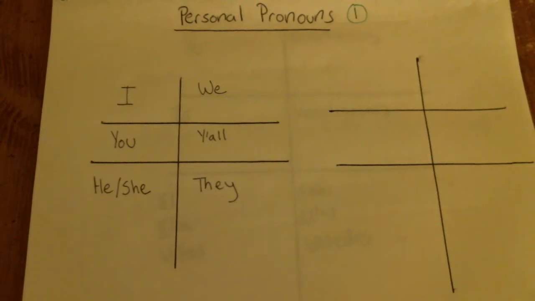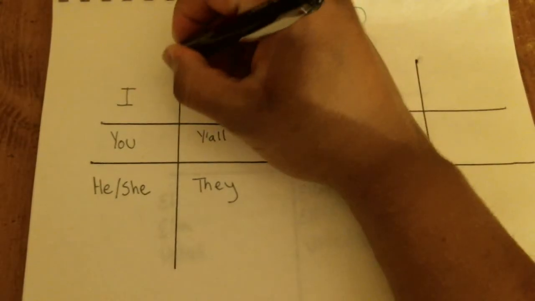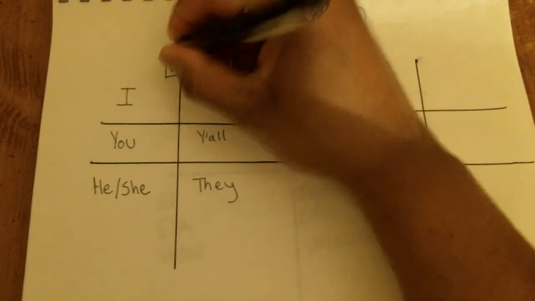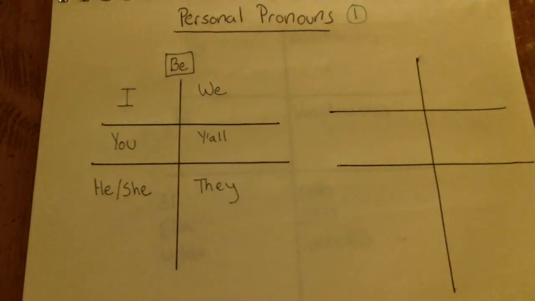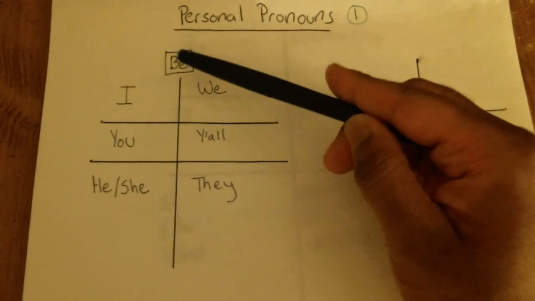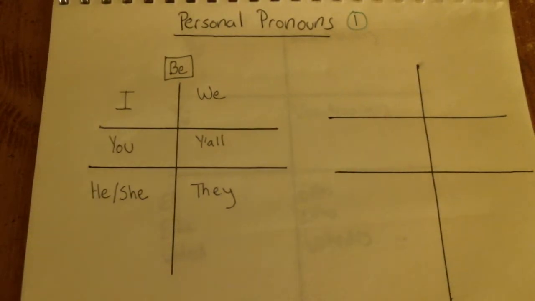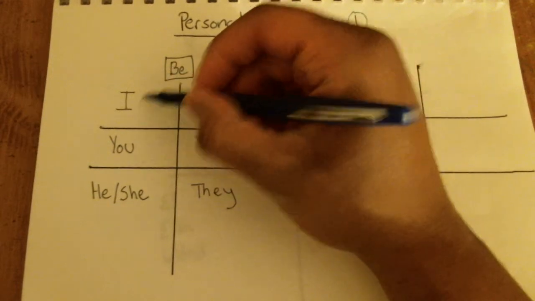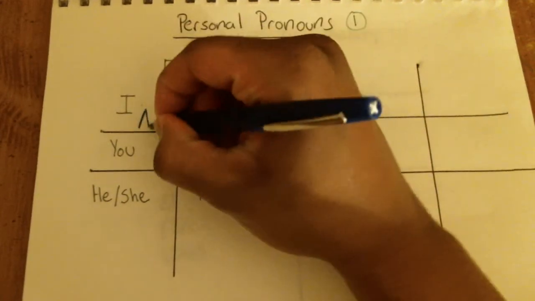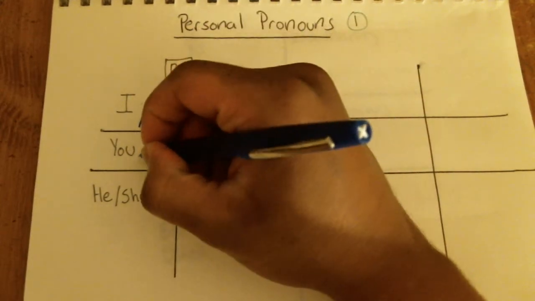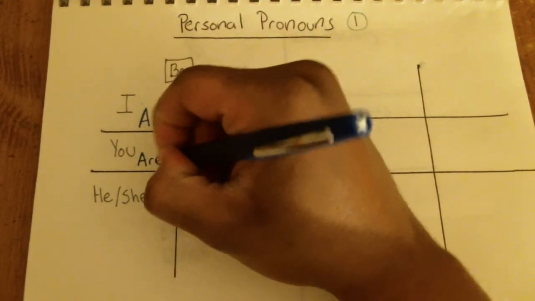For example, let's take the verb to be, okay? Let's take the verb be, for example. When you are going through each of these personal pronouns, you are going to change this verb in order to match that pronoun. For example, you would not say I be, you would say I am. You would not say you be, you would say you are.